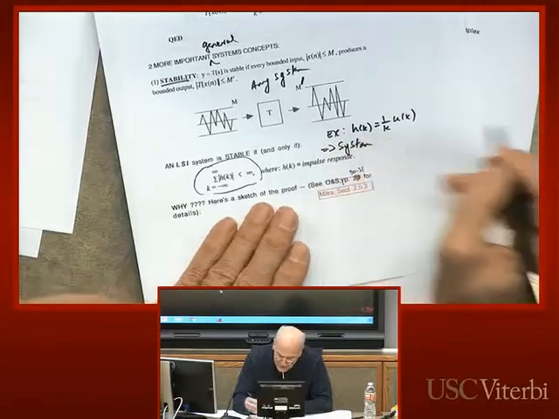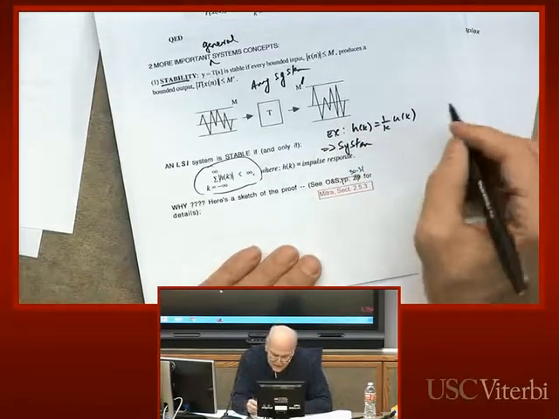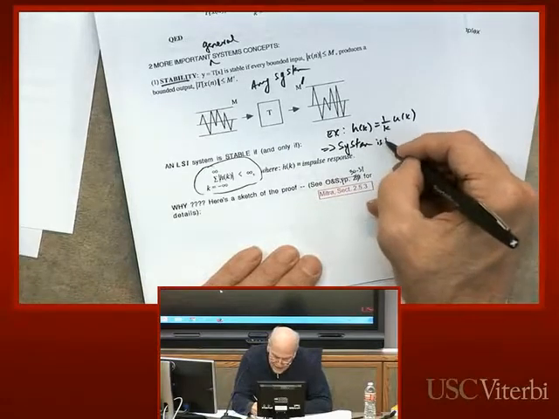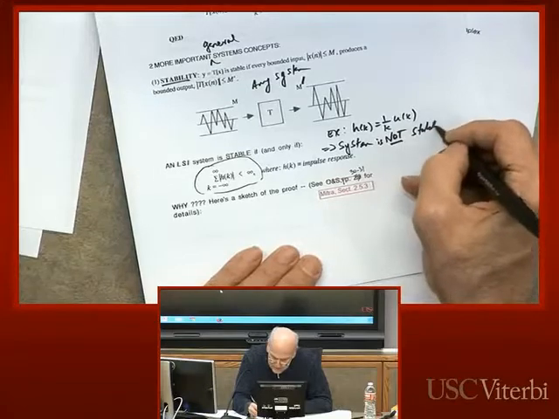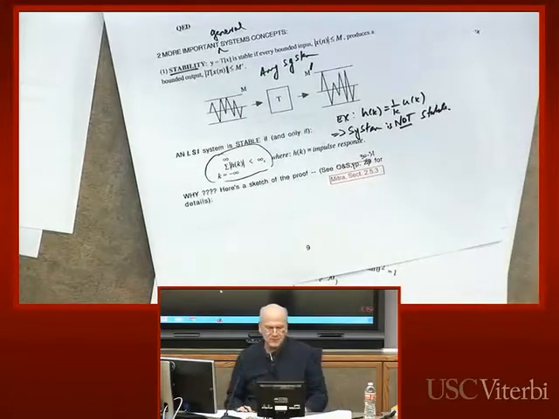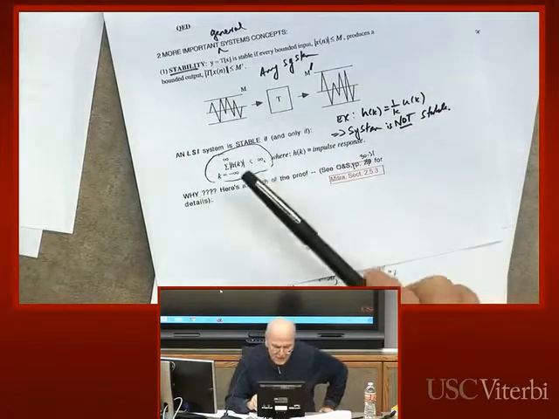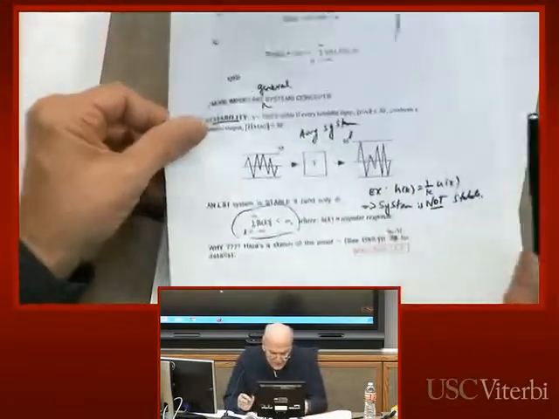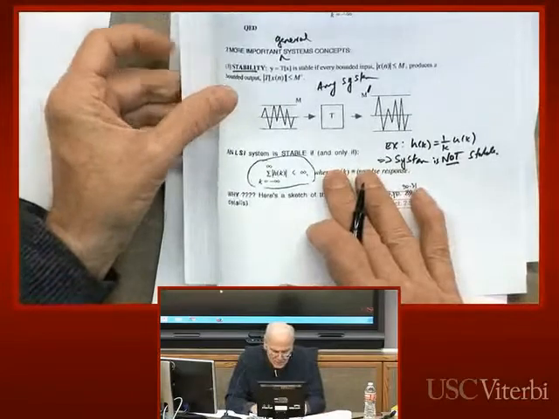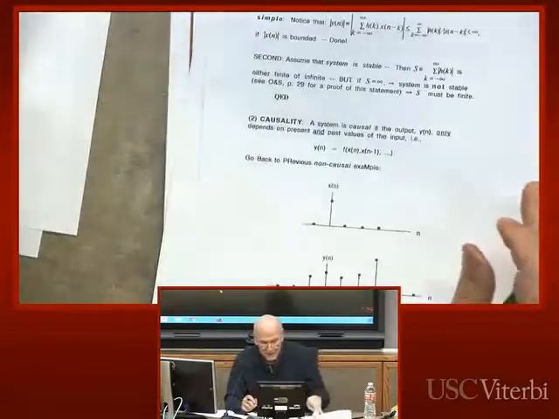I'll let you look at that. That's an example of a not stable system. But if h of k is absolutely summable, then the linear shift invariant system would be stable. And that's actually an if and only if.